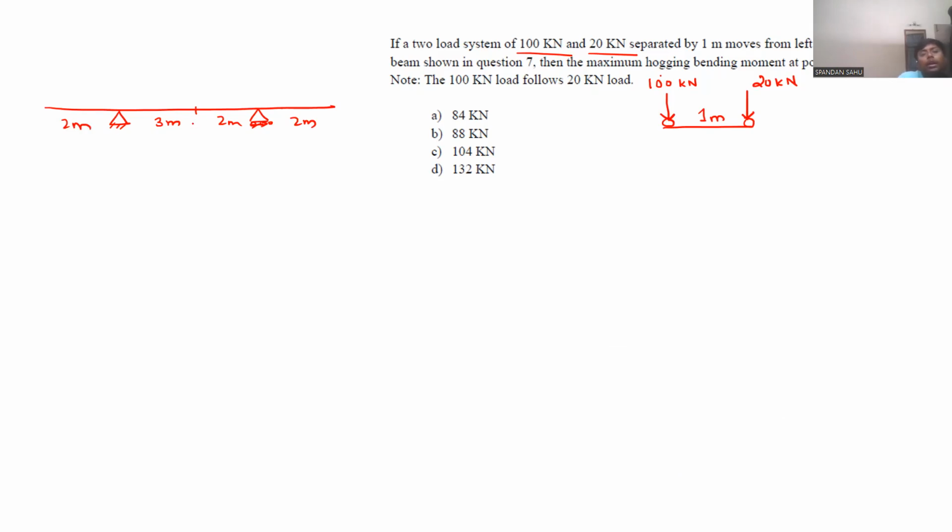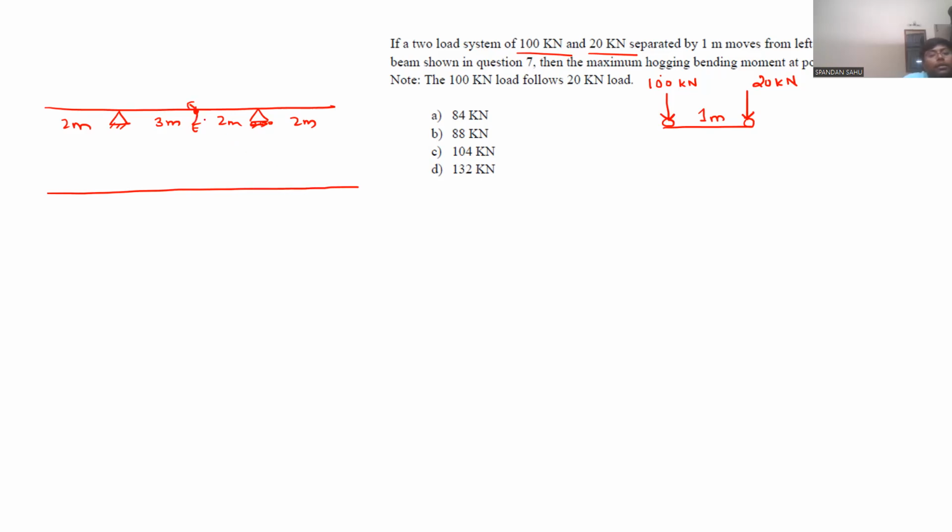Now this is point E. So you have to calculate the maximum hogging bending moment at point E. If you want to calculate the maximum hogging bending moment, just add a bending release and draw the ILD for bending moment at E. So it will be something like this.